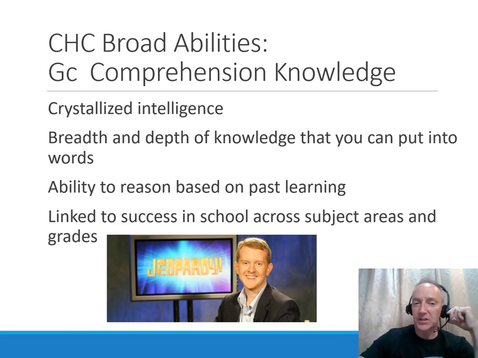So let's start with GC, crystallized intelligence, or sometimes in CHC theory referred to as comprehension knowledge. This is the wealth of facts you have accumulated and your ability to put those facts to use. This includes all the knowledge you have gained, all the vocabulary that you have.